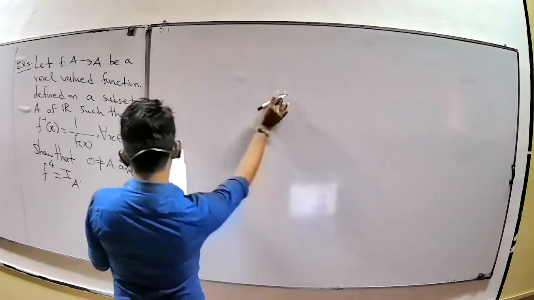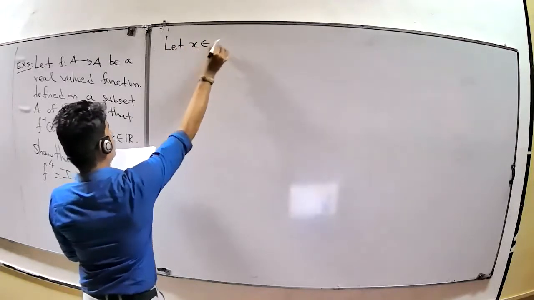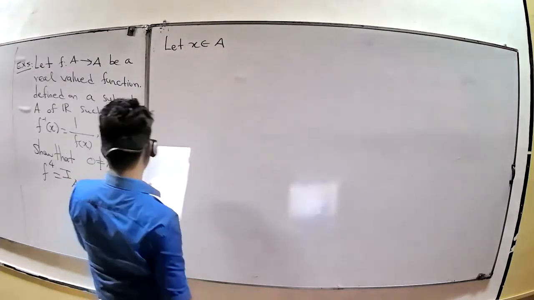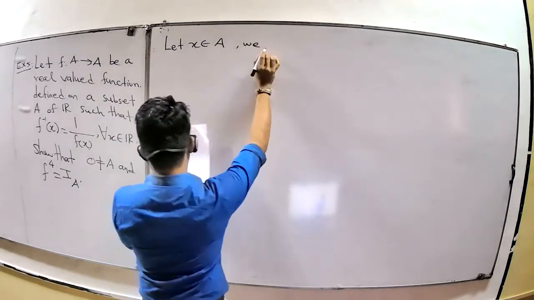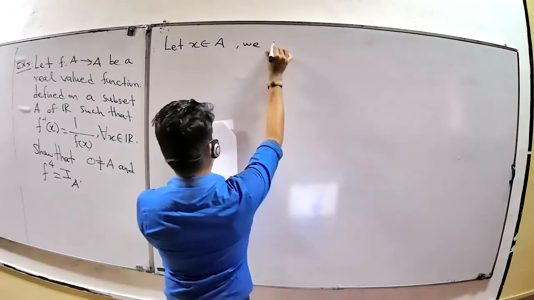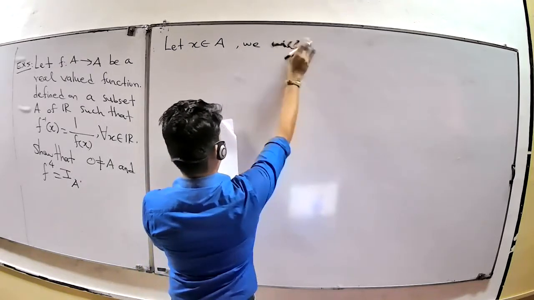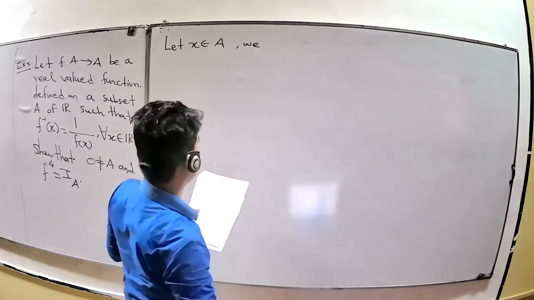Now let x belong to A. We take one of the elements x belonging to A. We shall show that x is not equal to 0.